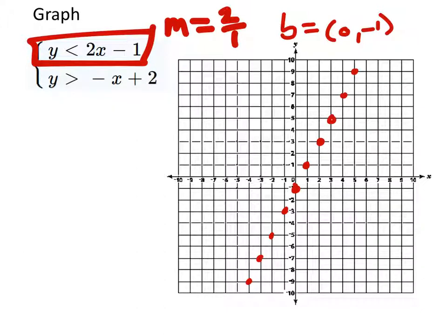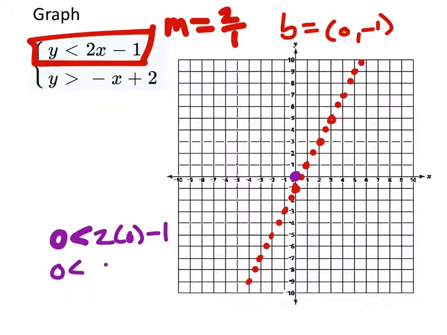And yeah, again, if you wanted to take this a step further, you can graph the points between. That looks pretty enough. All right, I'm going to test, once again, 0, 0. So testing 0, 0, that's 0 is less than 2 times 0 minus 1. So 0 is less than negative 1. No, that's false.